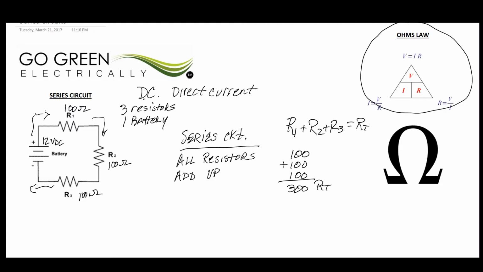Now, we have 2 of the variables, and we have 1 unknown.